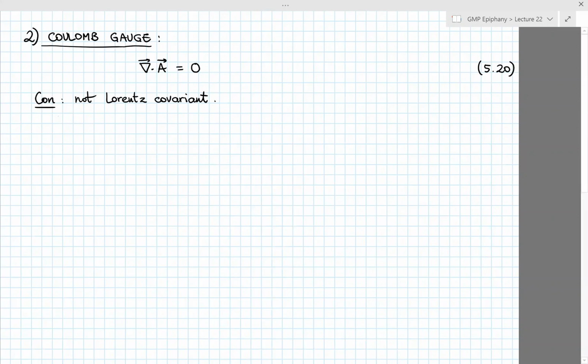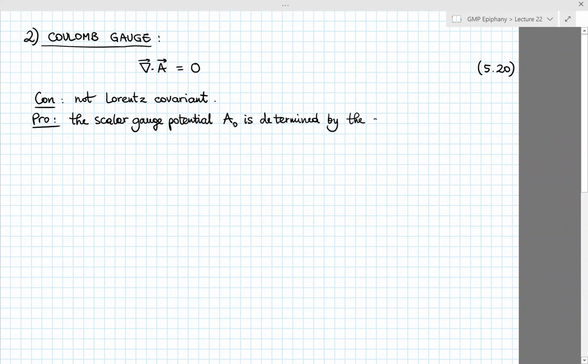That's not ideal. On the other hand, an advantage of the Coulomb gauge is that the scalar gauge potential, which really is scalar only under the rotation group, not under the Lorentz group, A naught, is determined by the charge density rho, which is the temporal component of the conserved current, as follows.